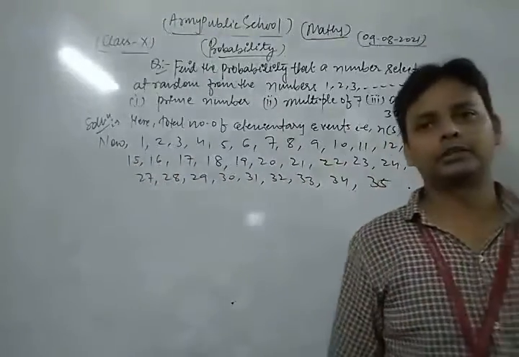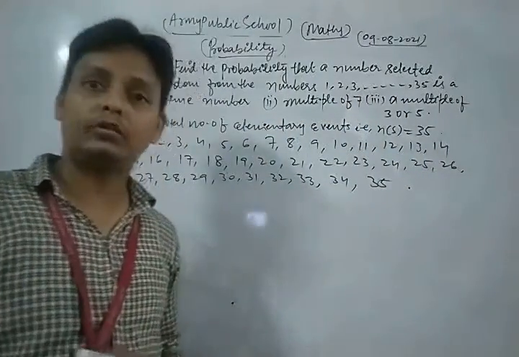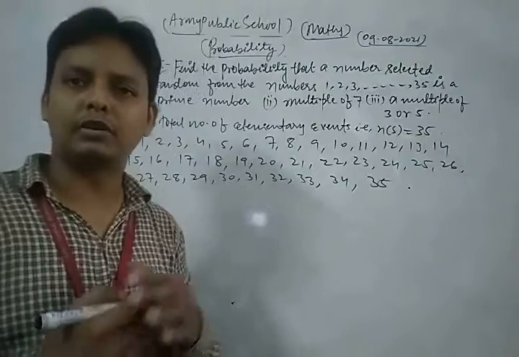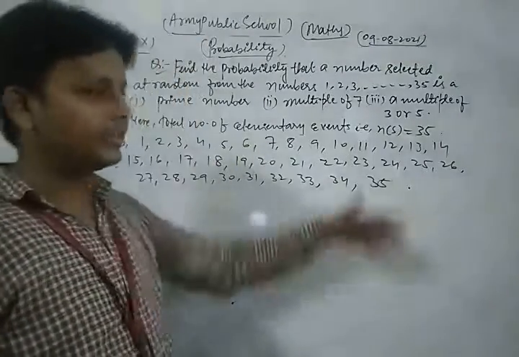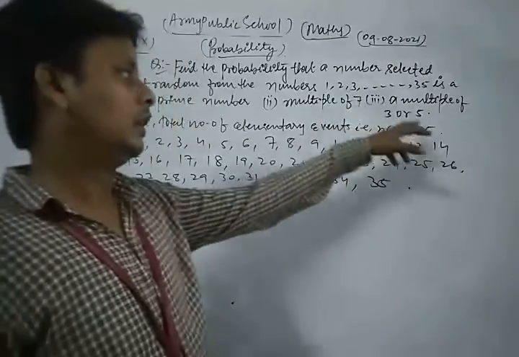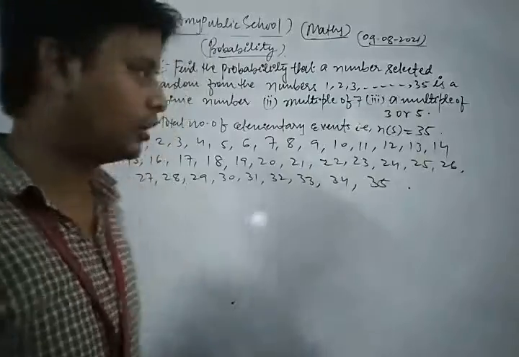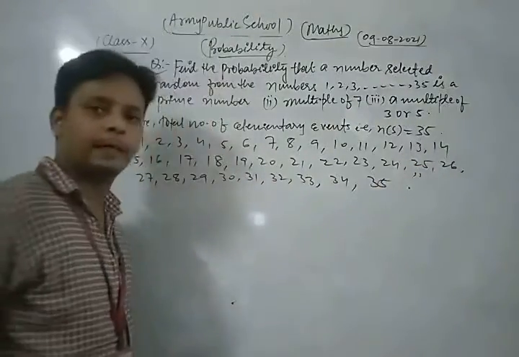So these are the numbers from 1 to 35. The total number of all possible outcomes, or total number of elementary events, or the sample space, is 35 for this question.